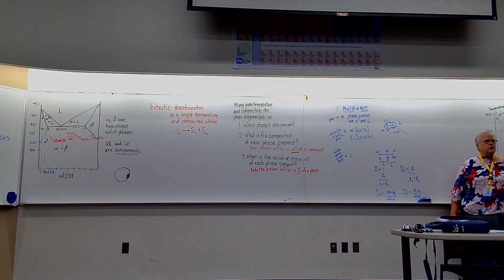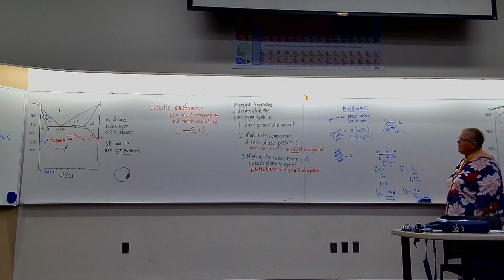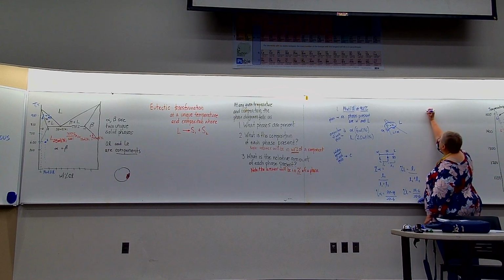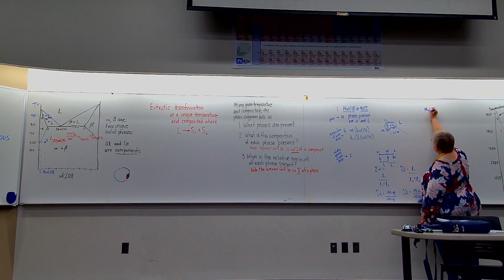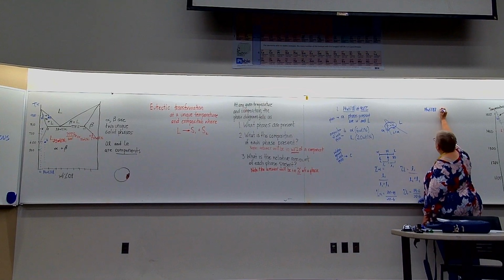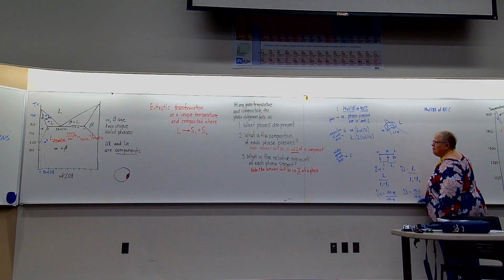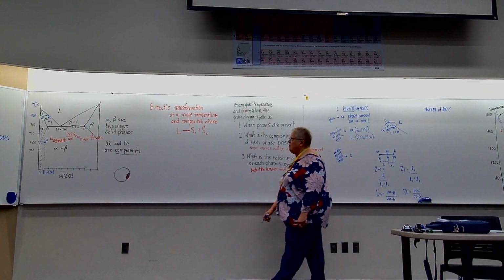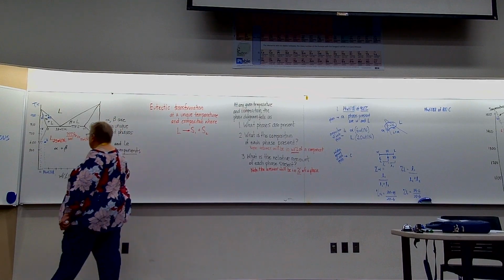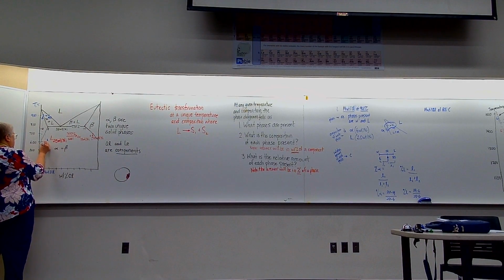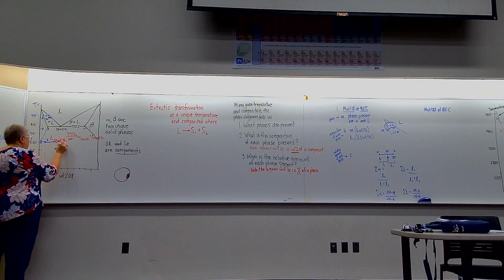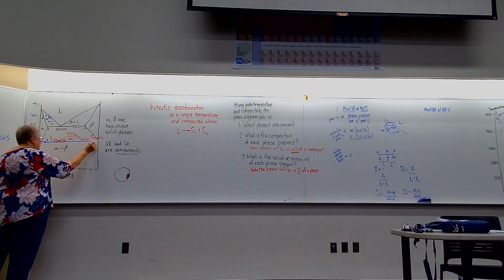Do you follow me? So let's real quick do the same thing at 600 degrees. 14 weight percent aluminum at 600. So now we're here. We're in the alpha and beta region. And our line goes from there all the way across to there.